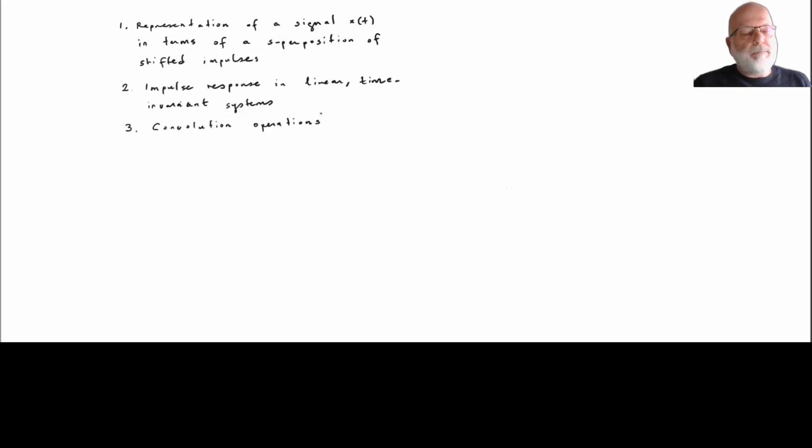Okay, now first of all, let us start with the first one. Now we know that an impulse is a rather peculiar signal which is equal to 0 everywhere except a single point, and for delta of t it is t equal to 0, where it is infinite in magnitude.